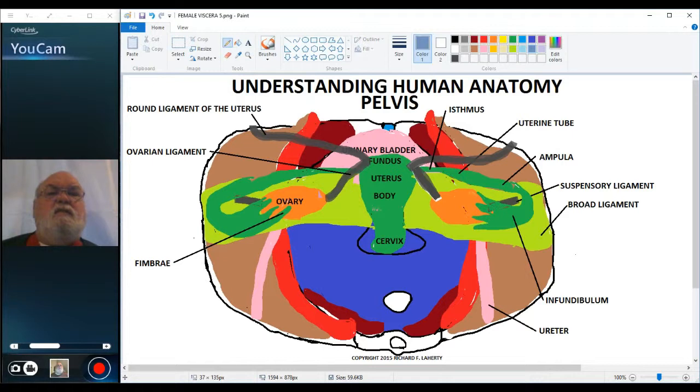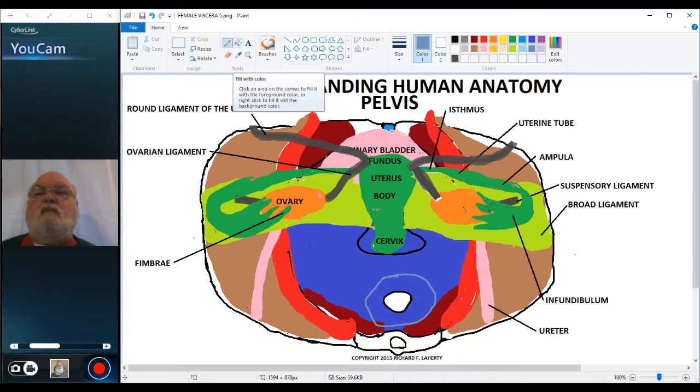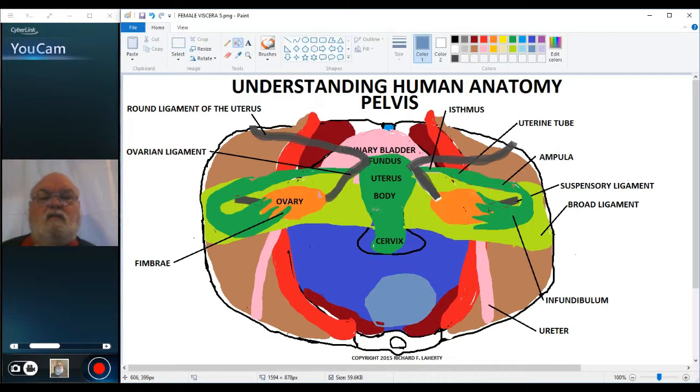So let me sketch the rectum in surrounding the anal orifice. And we'll label the rectum.